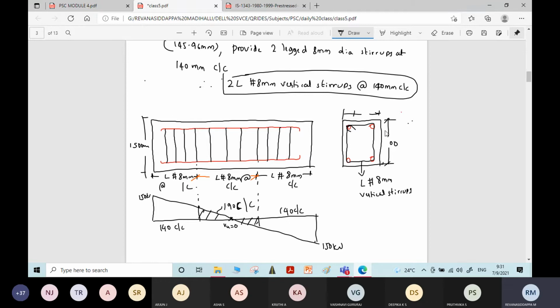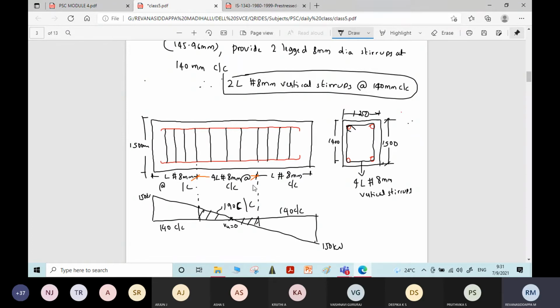Is the overall depth, and here also 1500. Effective depth is 1400. This is 250. Okay, 4 legged 8 mm dia stirrups. 4 legged 8 mm dia stirrups at the mid span. What is the spacing?